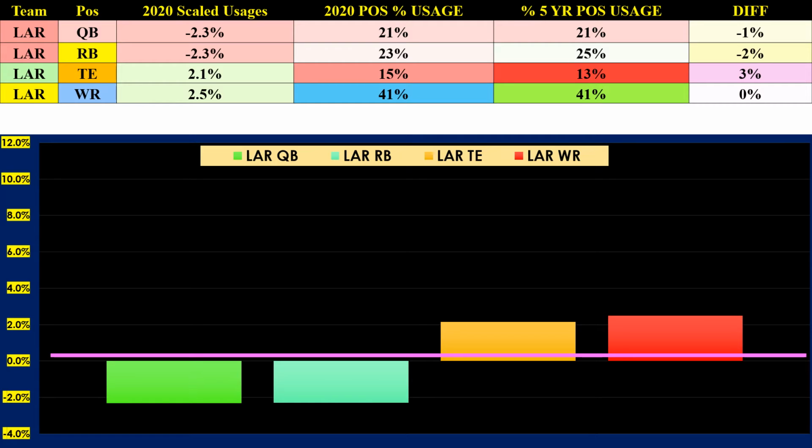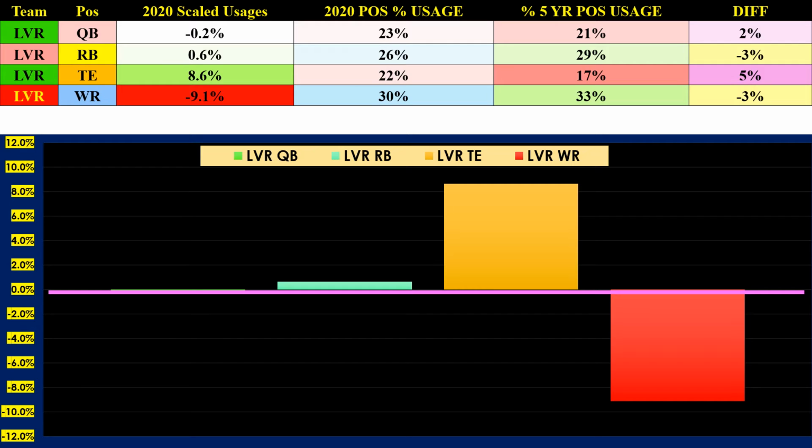I would think depth in the tight ends and wide receivers, compared to average, looks pretty good, 2.1, 2.5%. So I would be more bullish on those depth players and a little bearish on the running backs for sure. Just a touchstone for you to start thinking.